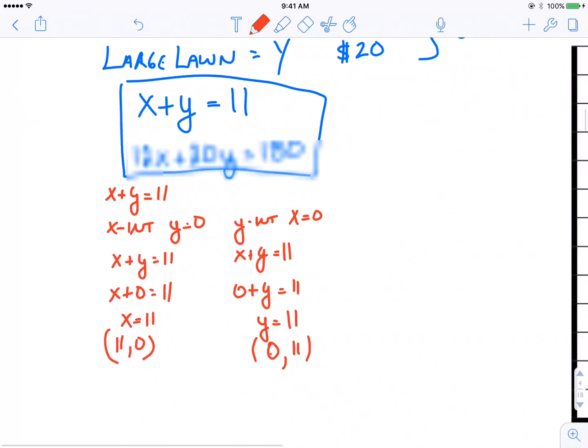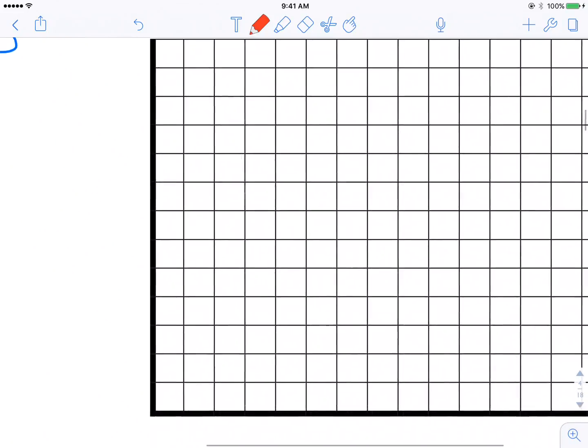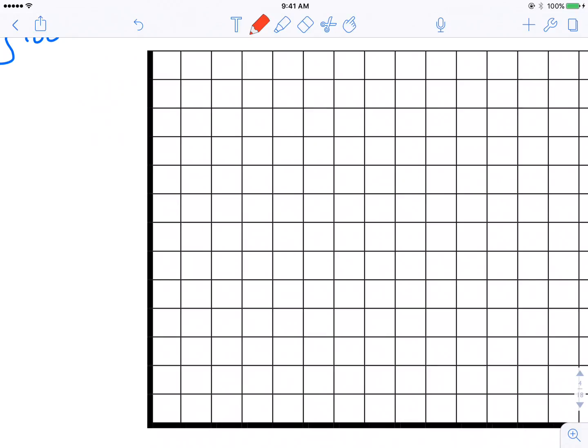So I can plot those points, and I'll do it in red. So 0, 11, and 11, 0. 1, 2, 3, 4, 5, 6, up to 11. And then draw my line. Look at that, such a pretty line, which does not cross my grid properly.